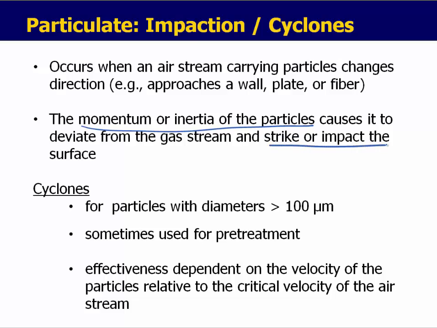The particles strike or impact the surface and fall down. So you'll have a centrifugal force, and you'll have a particle that will move at a different velocity than the bulk stream, and when it hits the wall of your control device, it will fall out. This can be very effective for particles of diameter greater than 10 microns.